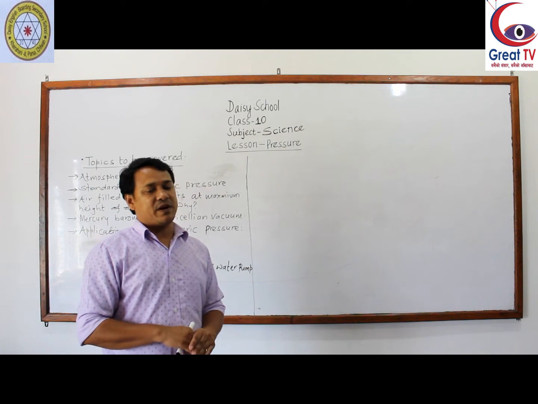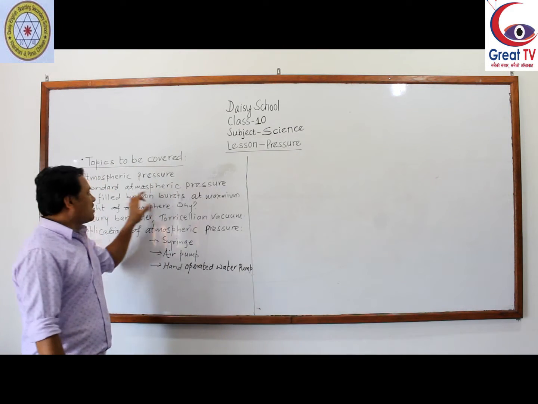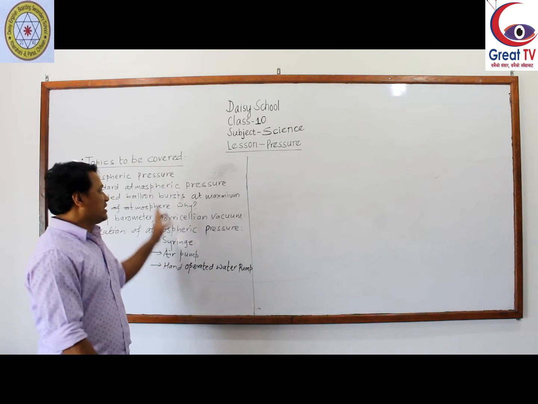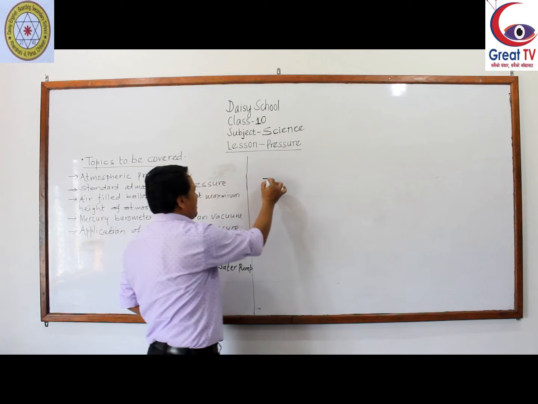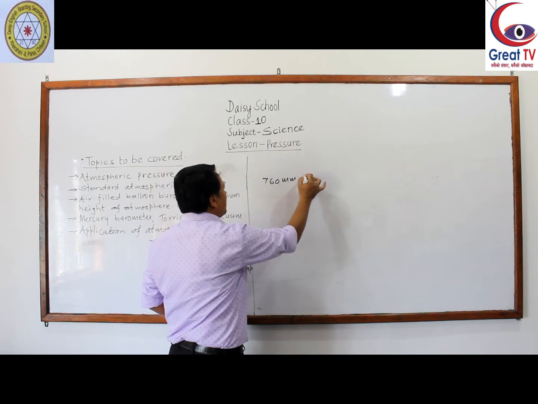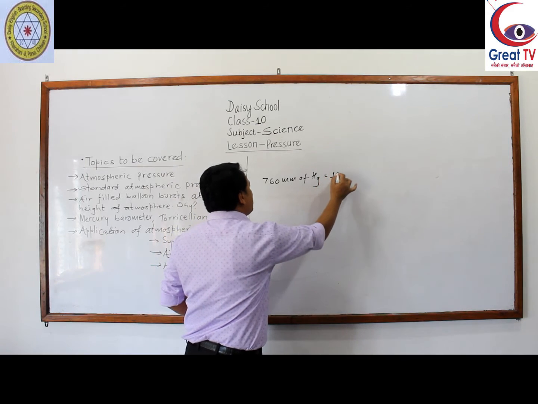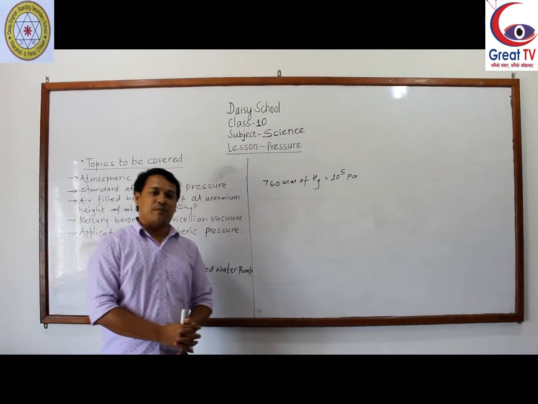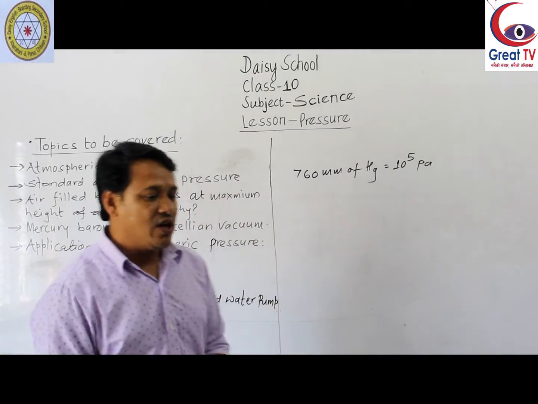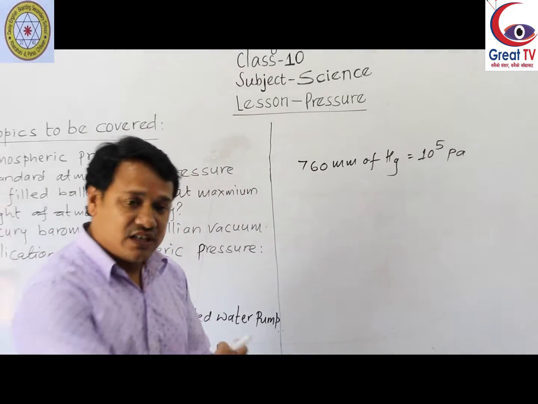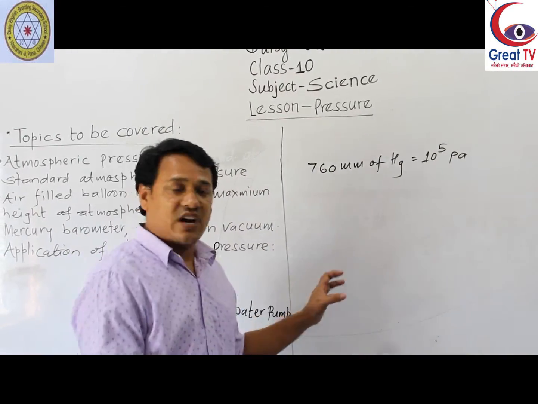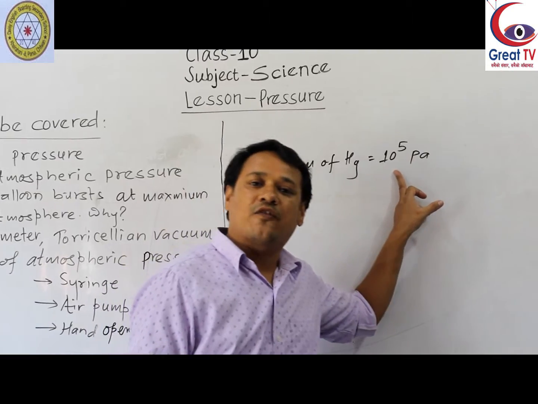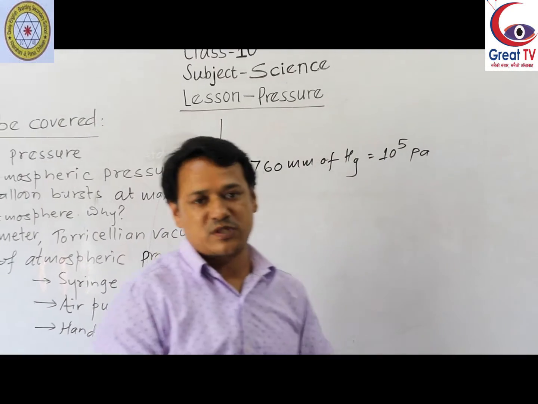This maximum atmospheric pressure at sea level is called standard atmospheric pressure, and its value is 760 mm of Hg or 10^5 pascals. So standard atmospheric pressure is the maximum pressure which we can find at sea level.